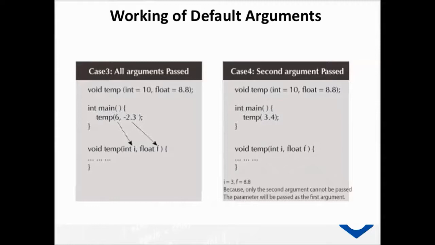But this is a floating point value, and in our function definition we write int i, where i is an integer type variable, so it behaves in an undesired way. And similarly, without filling the first parameter, the compiler does not pass this 3.4 value to the float f.